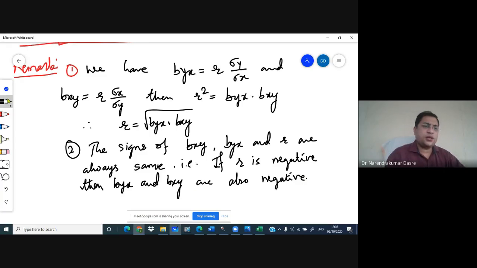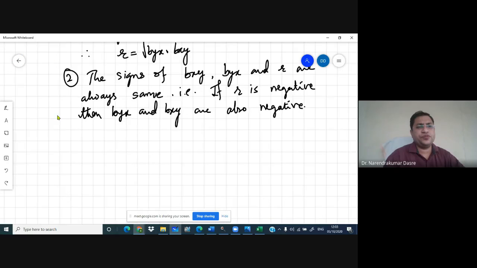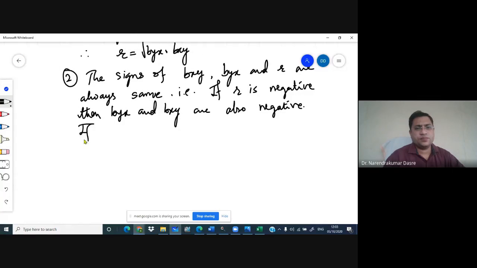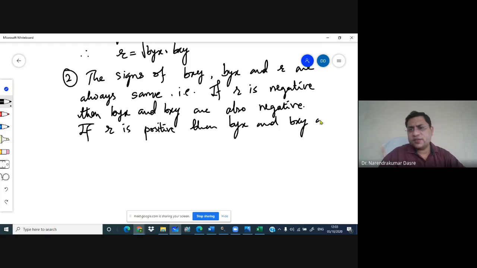And moreover, if R is positive, then Byx and Bxy are positive.